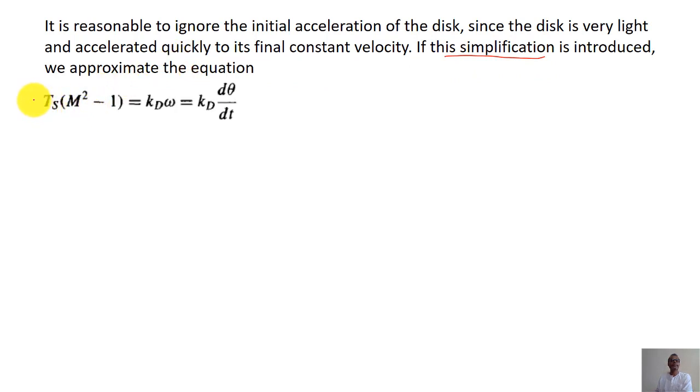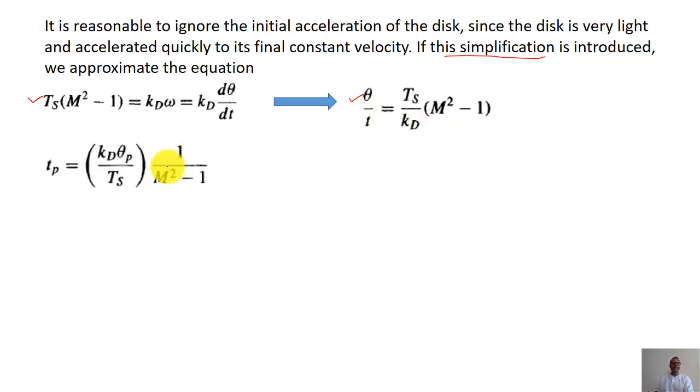So we can say that Ts into m square, we can approximate this equation to this. So we can say that d theta by dt, because it very quickly achieves the deflection, we can assume d theta is theta and dt is t. So I can write theta by t is equal to Ts by Kd into m square minus 1.